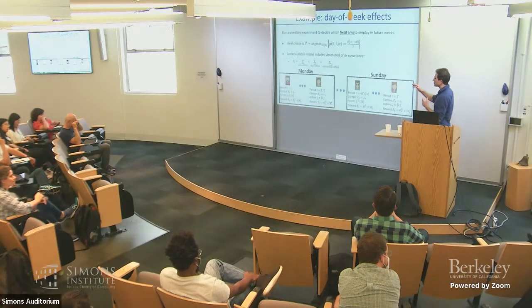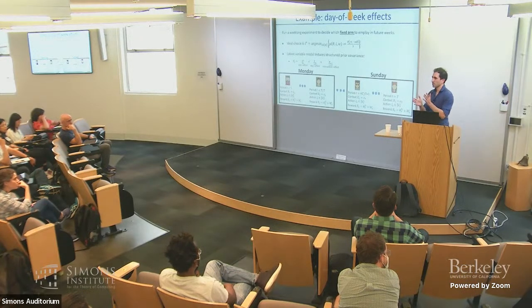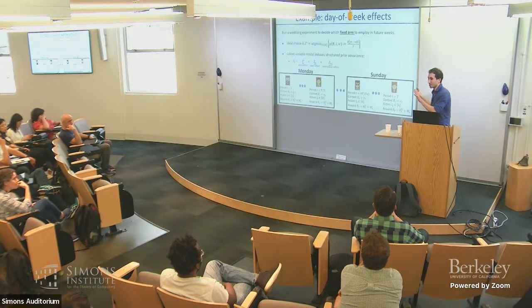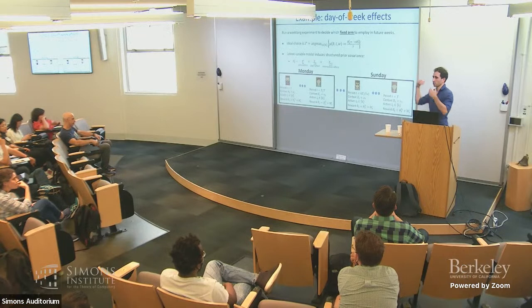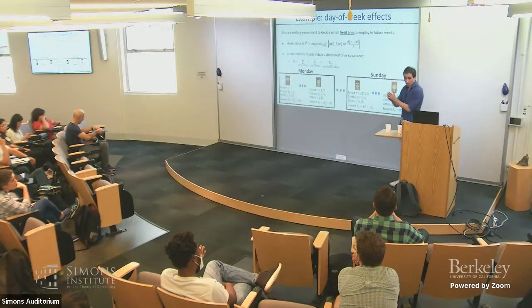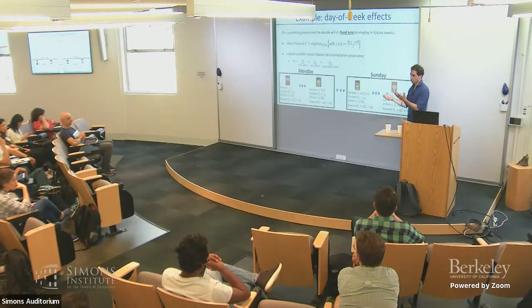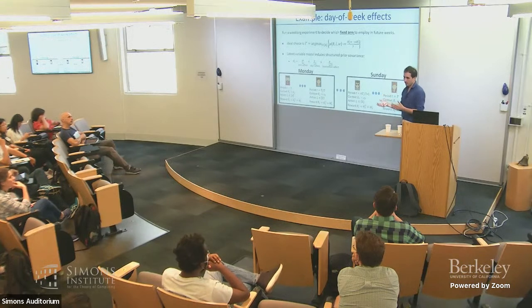Those beliefs might tell you that interaction effects are small, and that whatever performed well on Monday and Tuesday is likely to perform well going forward. Or it could tell you that Sundays are really different and arms could overtake each other. Anyway, as I've gotten enough data, I form a posterior about what might be true of the future days.